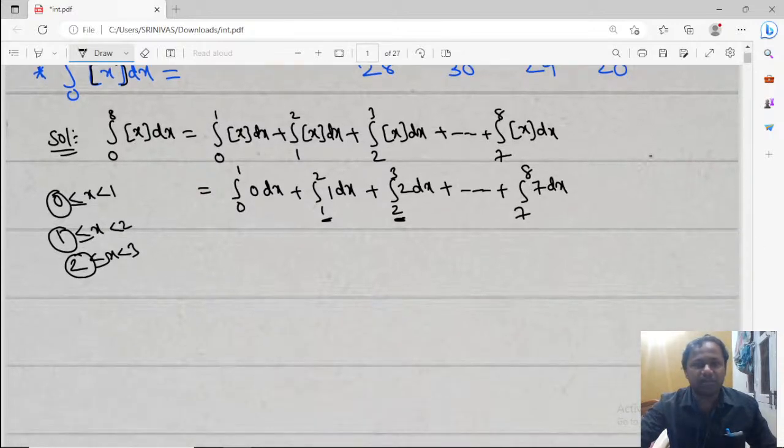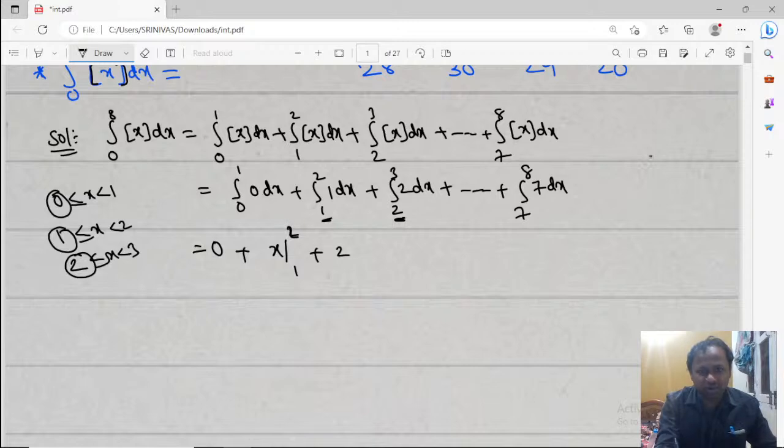So if we apply upper limit minus lower limit, what we get? First one is 0, here 1. So integration of 1 dx means x, limits will be 1 to 2, plus 2 outside, integration of 1 dx, x limits will be 2 to 3, plus and so on. 7 integration of 1 dx, x limits will be 7 to 8.